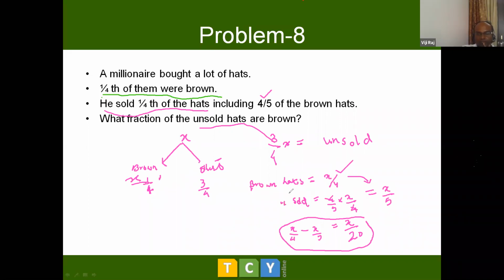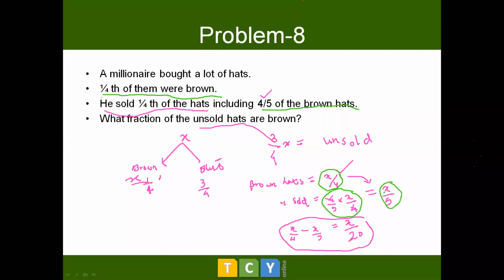How many of these brown hats were sold? It is said that 4/5 of the brown hats were sold. And how many brown hats were there? X by 4. Of this x by 4, 4/5 was sold. That means total brown hats sold is? X by 5. Yes, sir.